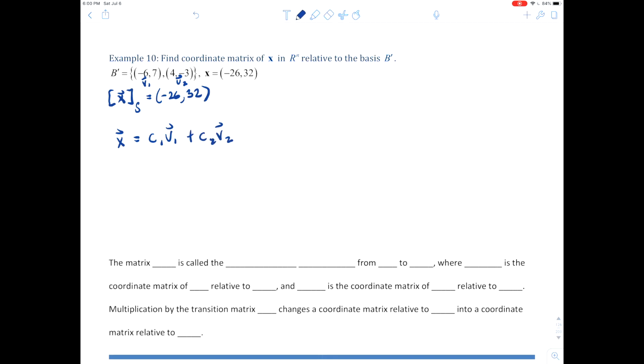Right? Well, I have x, do I not? So here I would have x, negative 26, 32, is equal to c1 times v1 plus c2 times v2.